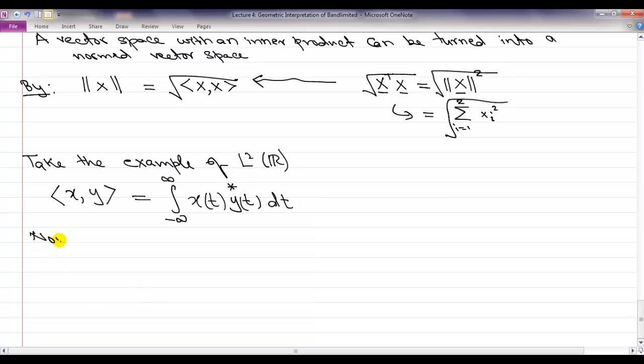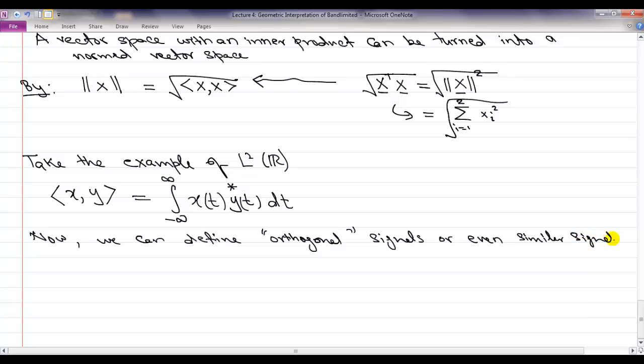Now we can define orthogonal signals, or even similar signals. You give me two signals, I simply compute their inner product, x of t, y conjugate of t, dt, which I'm defining to be the inner product.